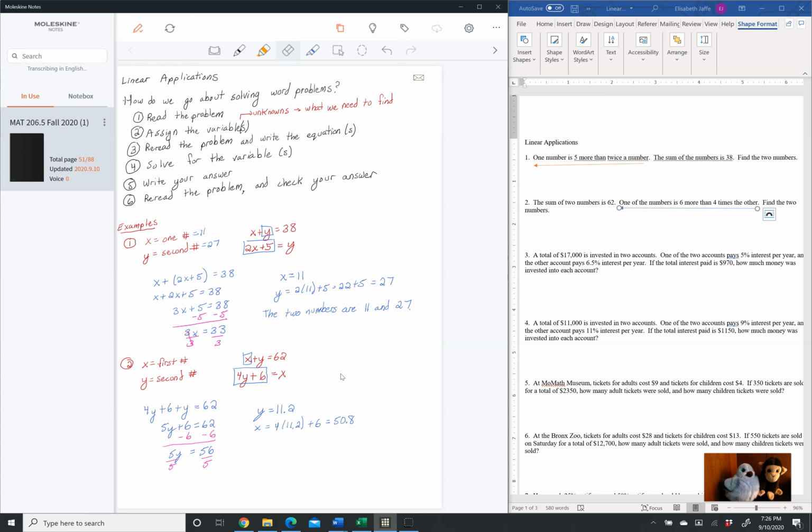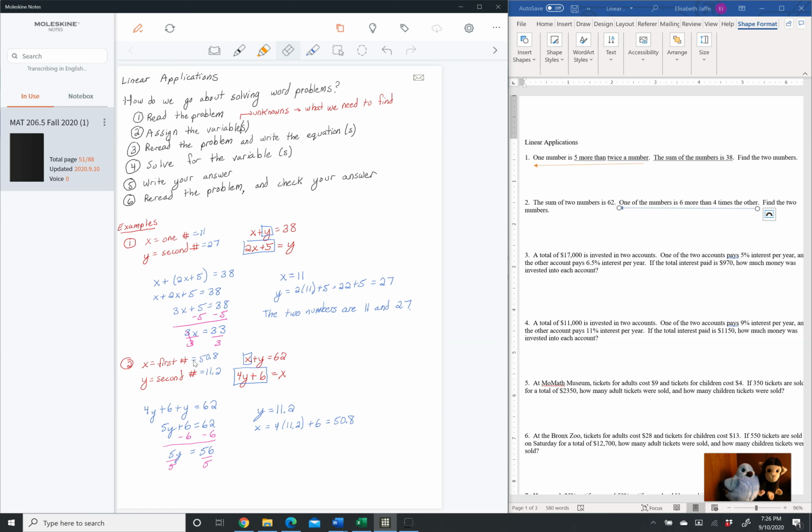Okay, so we can write our answer in one of two ways. We can either just say, okay, x is 50.8, y is 11.2, or we can say the two numbers are 11.2 and 50.8.